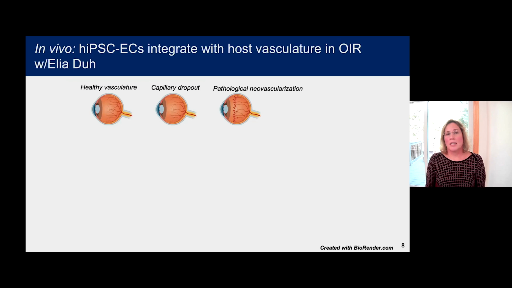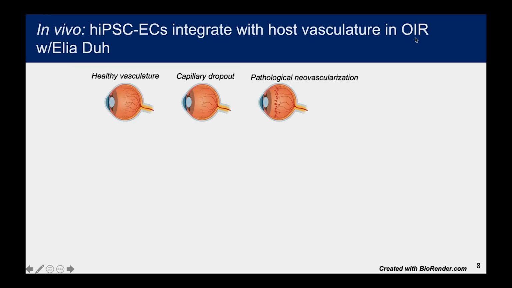For that, we collaborated with Elia Dow, who is at the Wilmer Institute at Hopkins, using this oxygen-induced retinopathy model, which is a classic to examine how our cells respond to hypoxia.